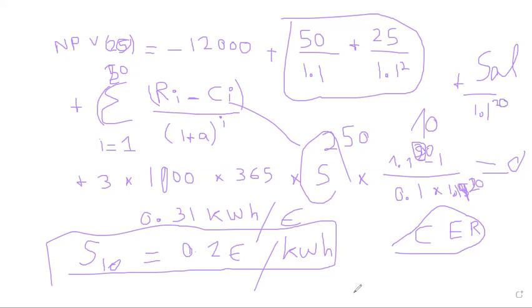So for the CER, if we do the calculation for this price, NPV at year 20 will be equal to $4,590.